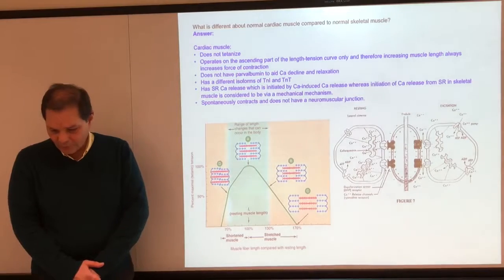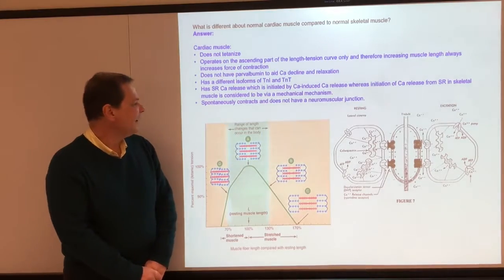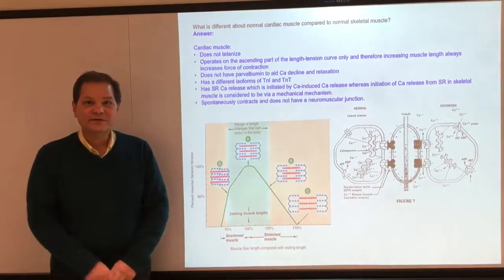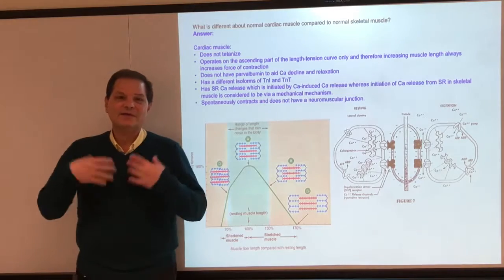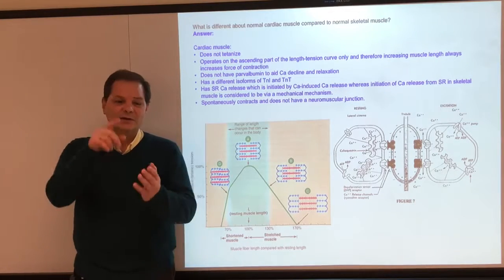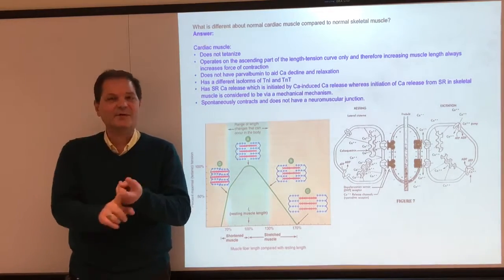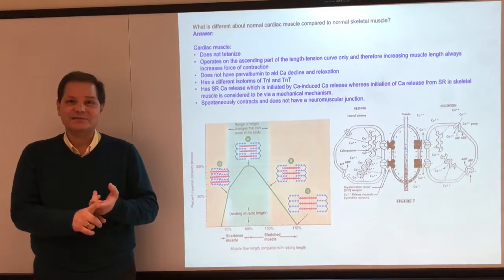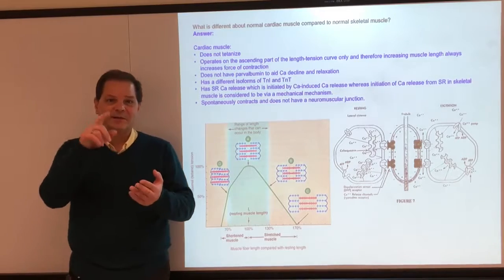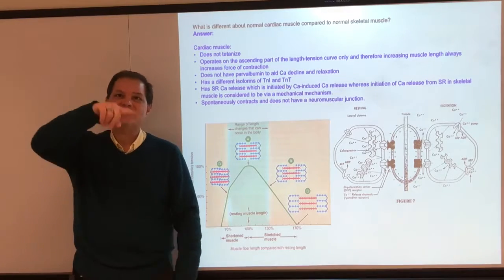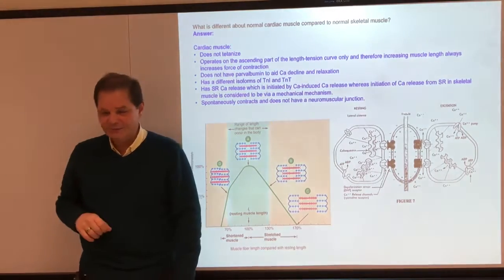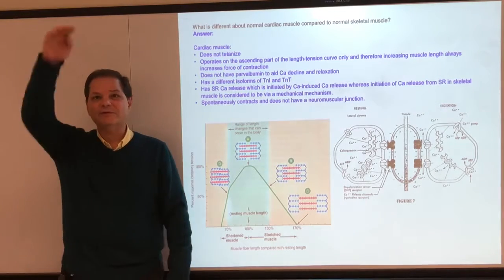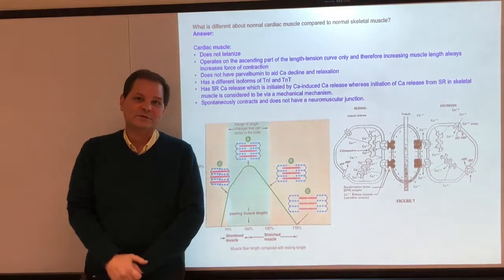All right, so what is different about normal cardiac muscle compared to normal skeletal muscle? Cardiac muscle does not tetanize. Skeletal muscle can tetanize because the action potentials are really brief. You can fire an action potential and then fire another one before even the contraction has completed from the first action potential on a skeletal muscle. So what happens is you repeatedly fire action potentials, and the force of contraction builds and builds until you hit a maximal force of contraction.